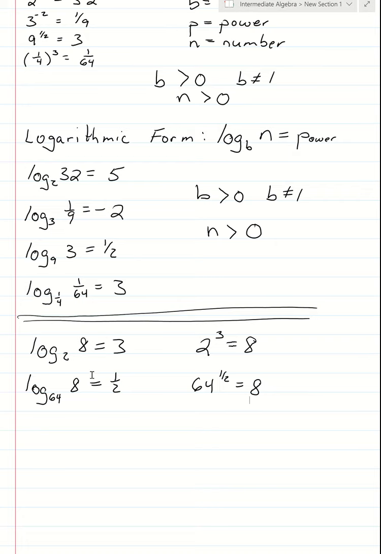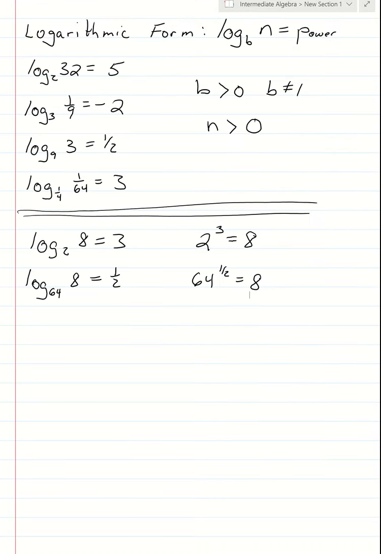exponential to logarithmic. For example, if I have 10 squared equaling 100, that is exponential form. We want to be able to write that in logarithmic form, in which case we would write log base 10 of 100 equals 2.